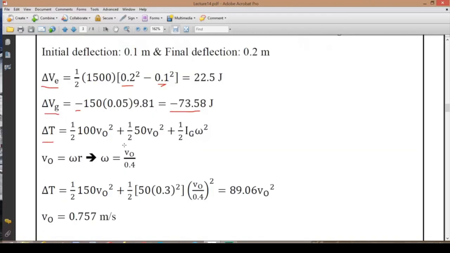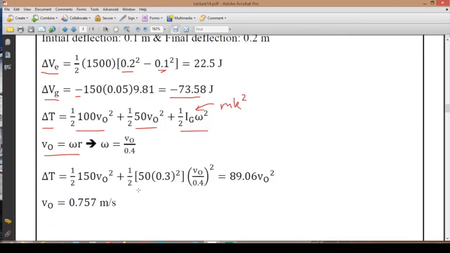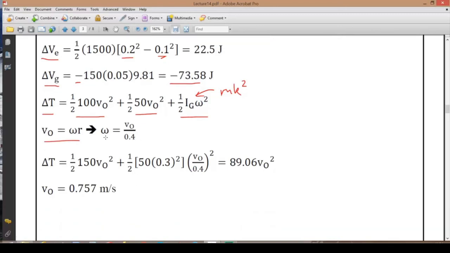For the kinetic energy, we have the kinetic energy due to the linear velocity of point O for the two masses, and then the kinetic energy due to the rotation, and this I_G, which I specified as I_O, is the same and can be found by m kappa squared. Okay, so that's it. And then there's this kinematic relationship, which relates omega to the velocity of point O, and we can determine the velocity of point O from this equation.